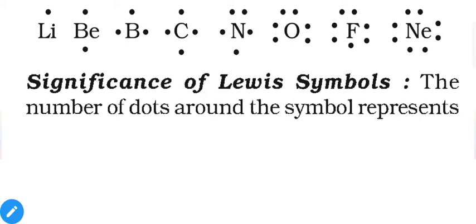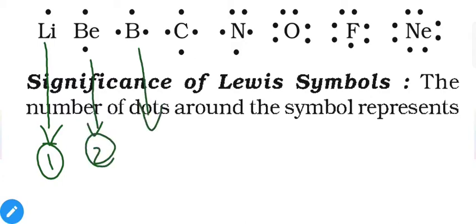For lithium, the number of valence electrons is 1 and the valency, or number of bonds formed, is equal to 1 as well. That means the number of electrons and the valency are the same for lithium. Same for beryllium, it is 2. Same for boron, it is 3. Same for carbon, it is 4.